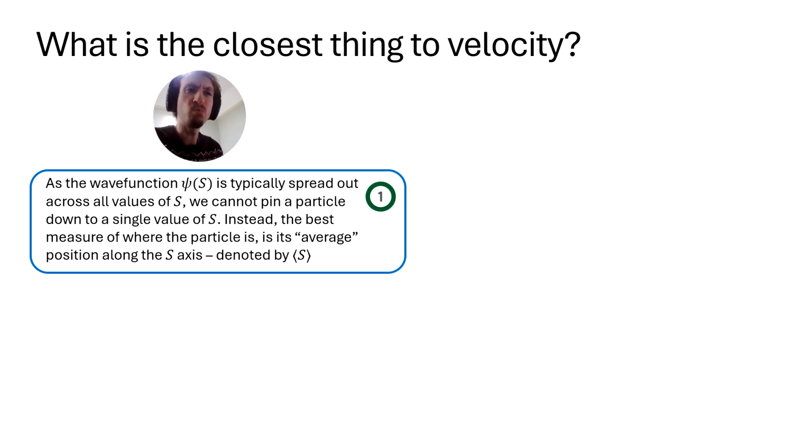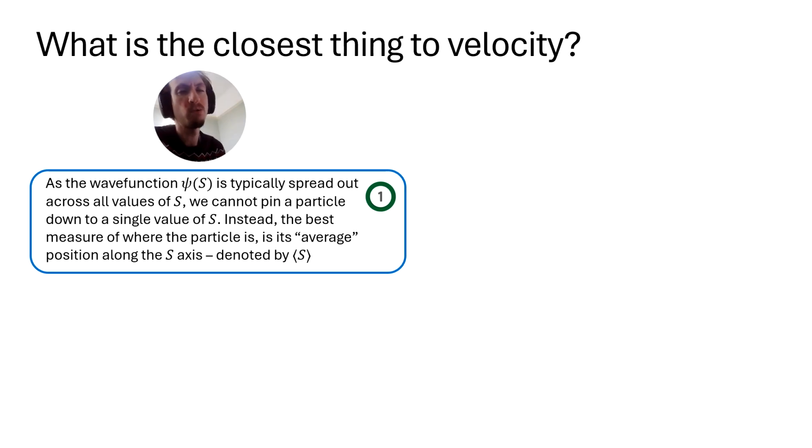So how should we think about the position of this particle along the s-axis, even when we can't pin down exactly where the particle is? Well, one thing that is done often in statistics is if you don't know the value of something, you work with the expectation value of it, the average version of it.